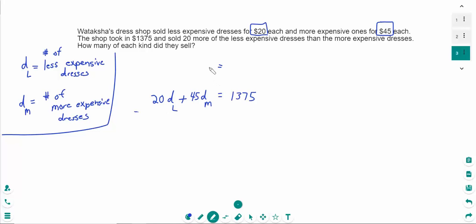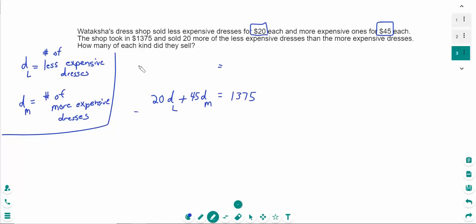Now what about the count? What do they tell us about how many dresses were sold? Well, they say that there were 20 more of the less expensive dresses sold than the more expensive dresses. You might have to think about it for a second, but they're saying that there are 20 more of the less expensive dresses.